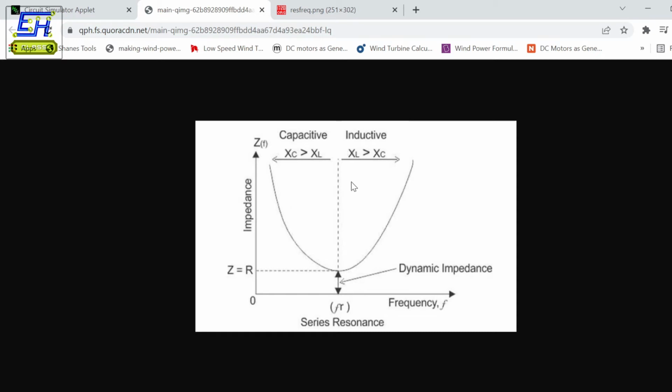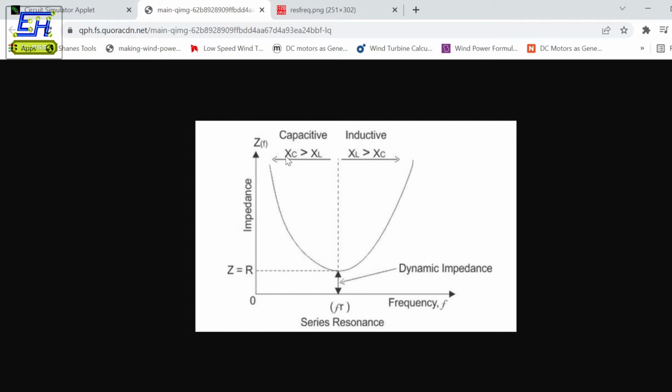As our circuit contains a combination of these three elements, they will produce a combined effect. Consider the scenario where our capacitive reactance is greater than our inductive reactance. We can measure them by their respective formulas. If the capacitive reactance is higher than the inductive reactance, then the capacitive reactance will dominate in the circuit, and we'll get a curve more similar to the capacitive reactance variation with frequency.